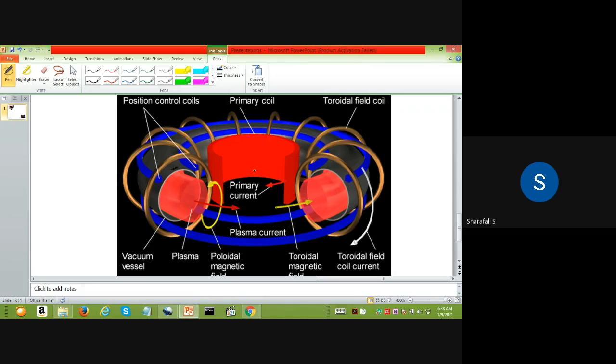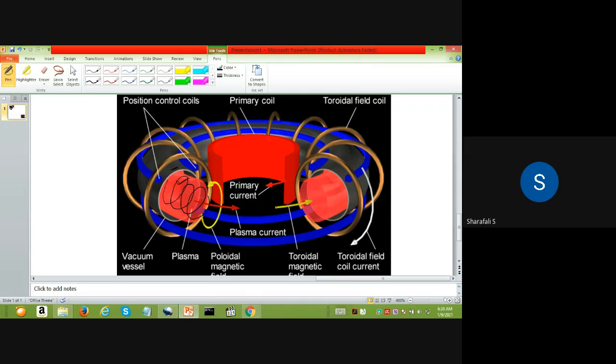Okay. So this is the basic structure of the tokamak, and how the plasma is confined inside this region. So this is your plasma field, the electrons or the ions here. So this will have this kind of propagation as well as rotational motion. So the plasma will be going like this actually.